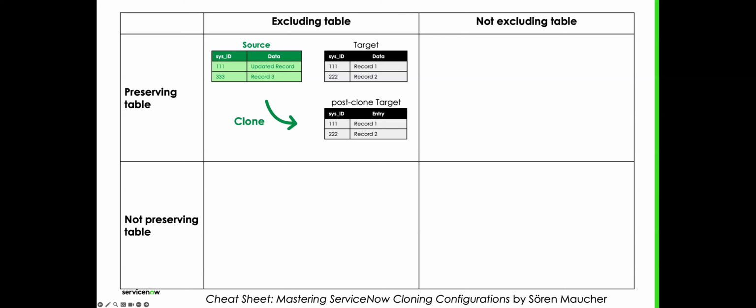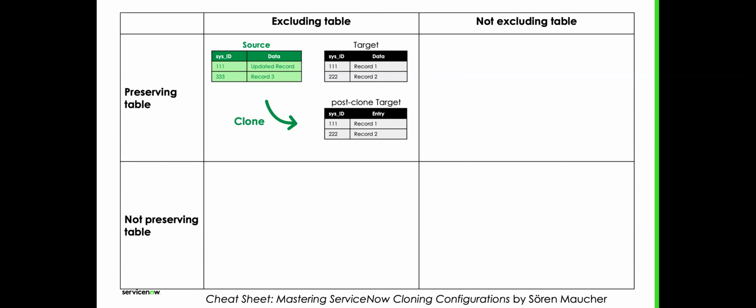If you are both preserving and excluding a table, in effect, you are keeping your target exactly the same. After the clone, it will look exactly the same as before the clone. And as you can see in this diagram, the SysIDs match, the records are matching, and this is the first scenario that we have.